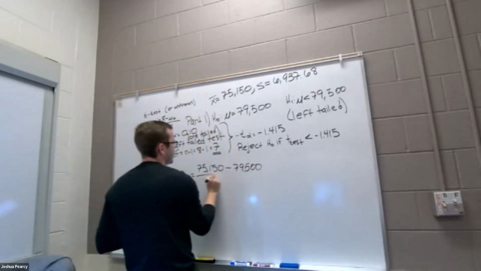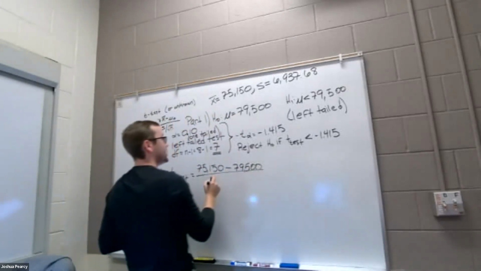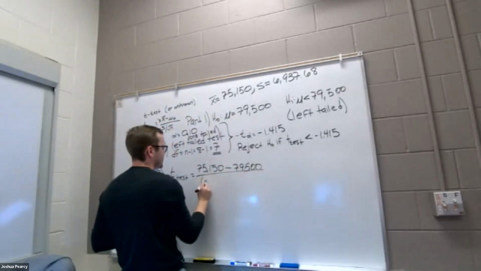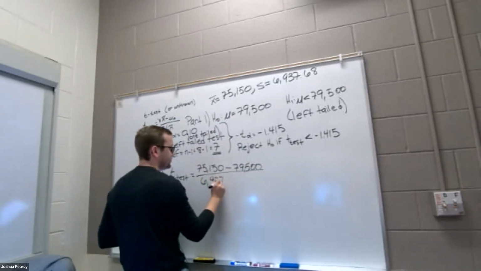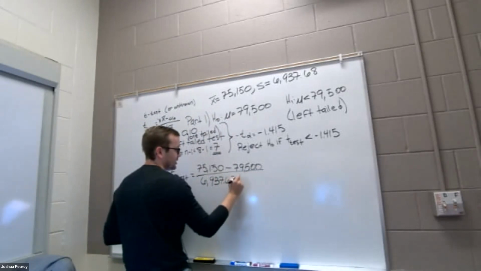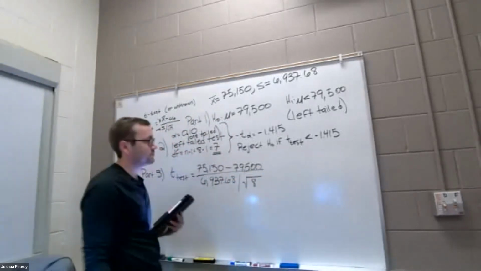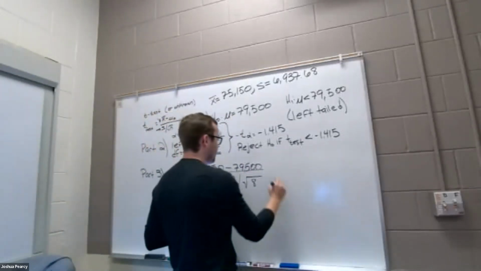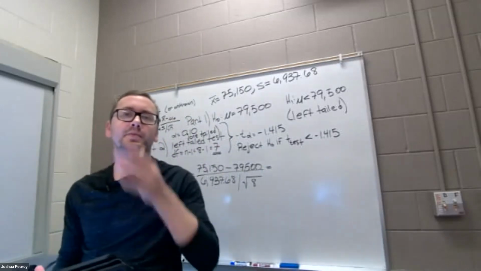And divide that by 6,937.68, divided by the square root of n, and n was 8. Someone plug that in their calculator and tell me what you get to 2 decimal places.